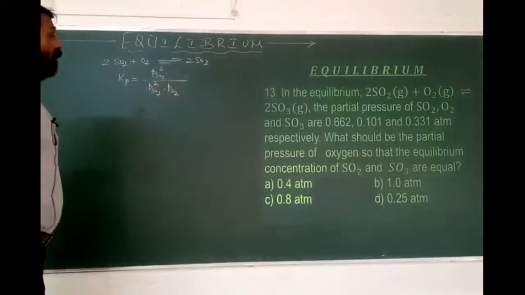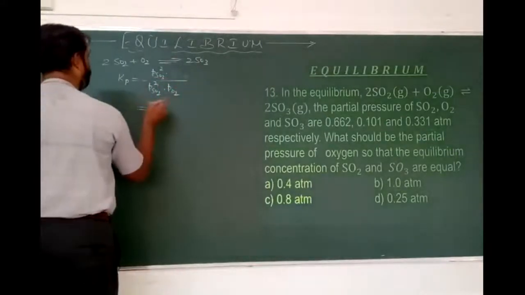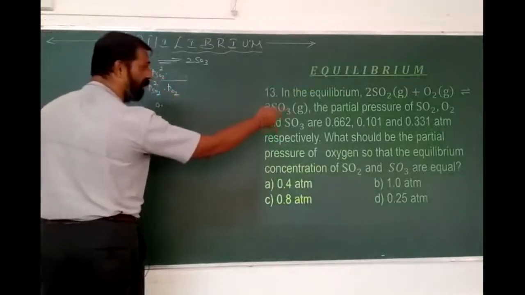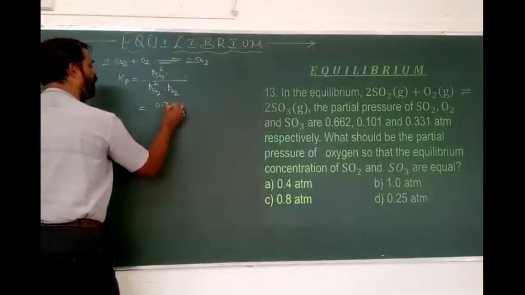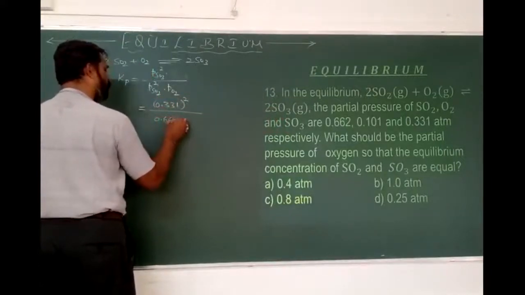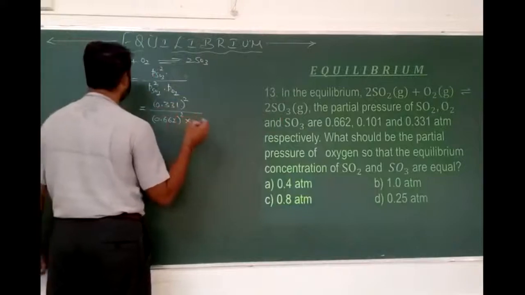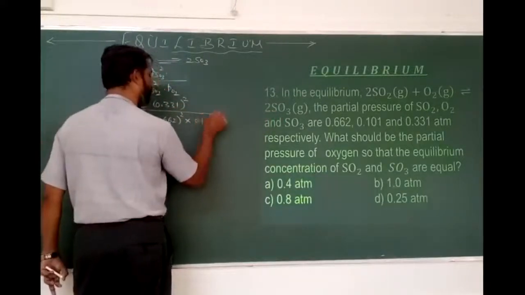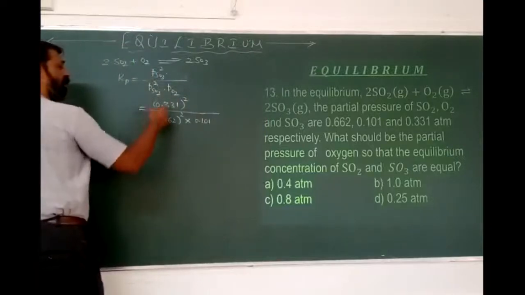So here the SO3 pressure is 0.331 whole square divided by 0.662 whole square into the partial pressure of oxygen, which is 0.101.